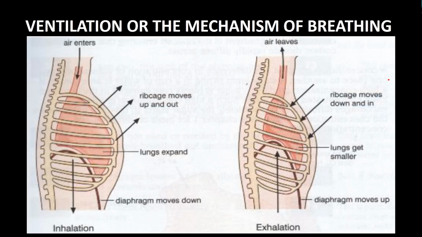Now, let's look at both of these together so you can see the difference. First of all, we have inhalation, with the diaphragm moving down and the rib cage moving up and out as the muscles contract. This picture shows exhalation, and you can see that the diaphragm, which is normally a dome shape, has definitely moved upwards.